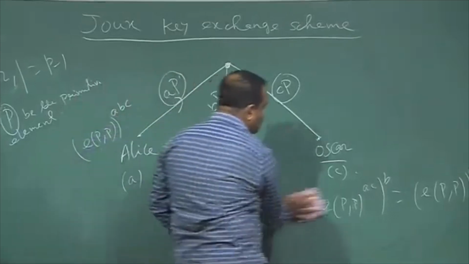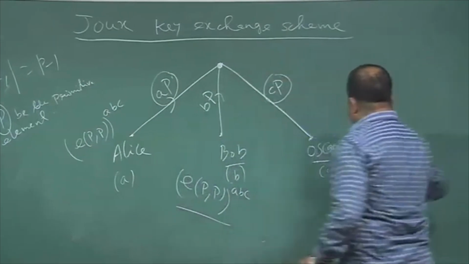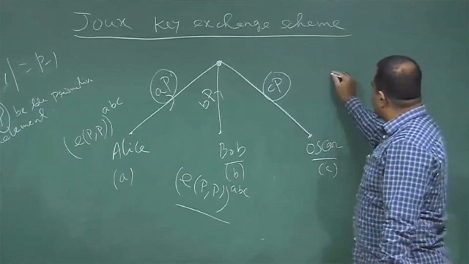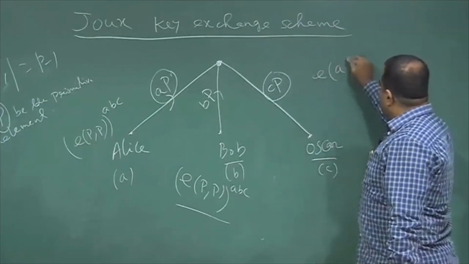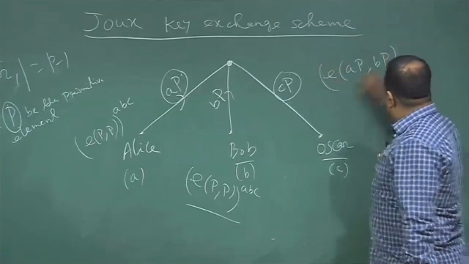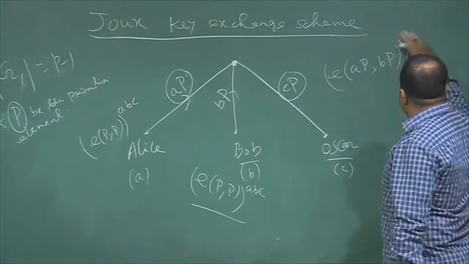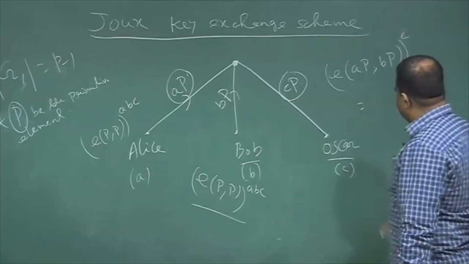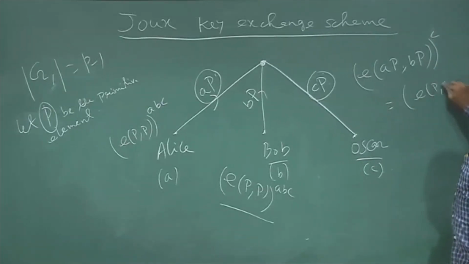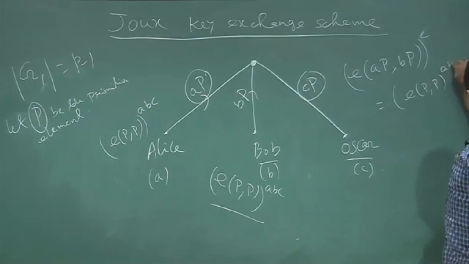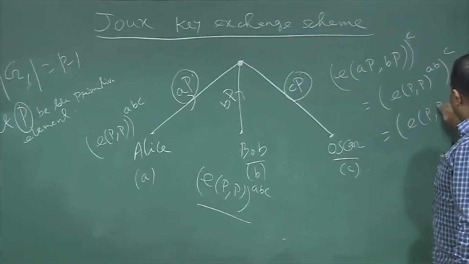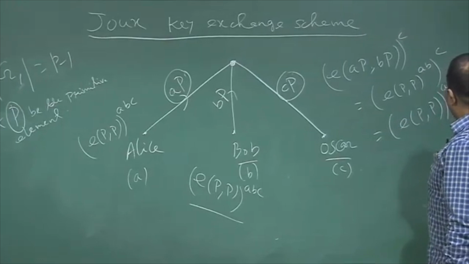Now what will Oscar do? Oscar receives aP and bP from Alice and Bob. Oscar will compute e(aP, bP) to the power c, since Oscar has the secret c. This is basically e(P,P) to the power ab, raised to the power c, which is e(P,P) to the power abc.